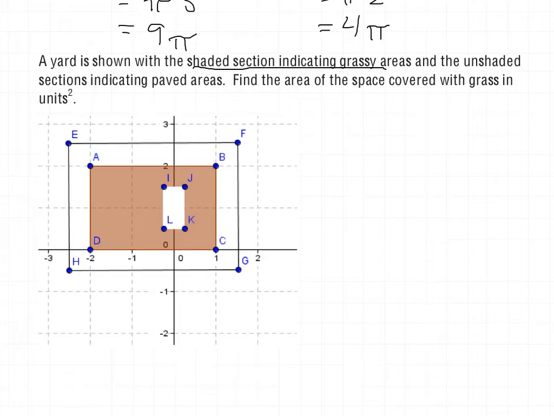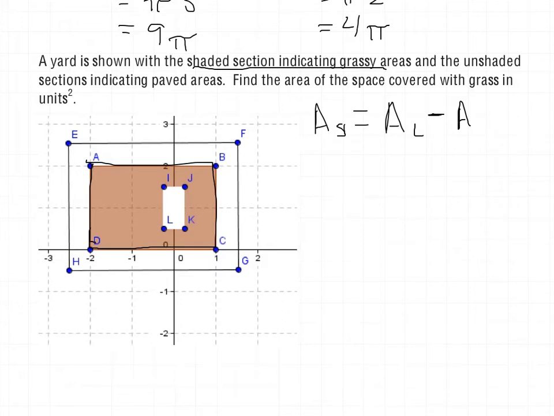So you should have paused the video to have that discussion about the particular shape here. When we recognize this particular shape, we see that it is a rectangle that has a rectangle taken out of it. So the expression that I should be writing is, I'm going to say area S, for shaded, is equal to the area of the large rectangle minus the area of the small rectangle.